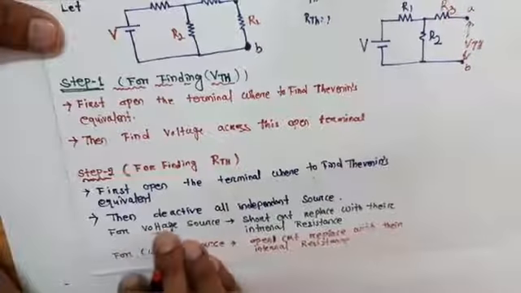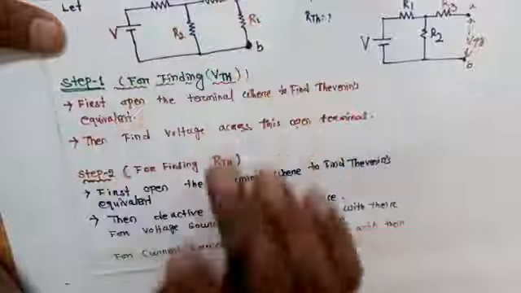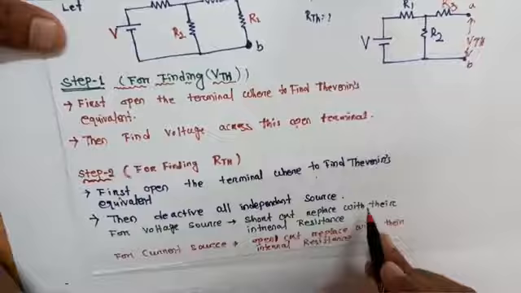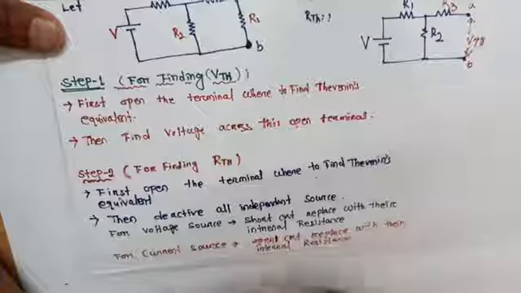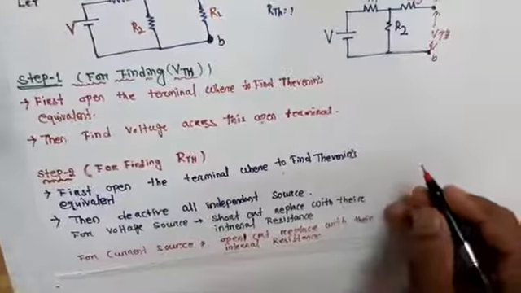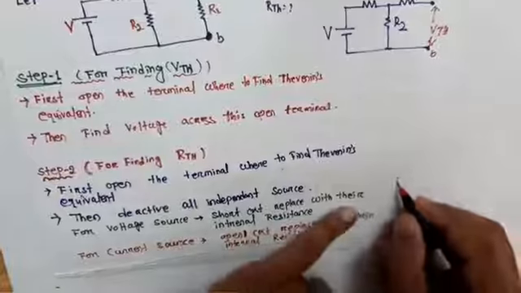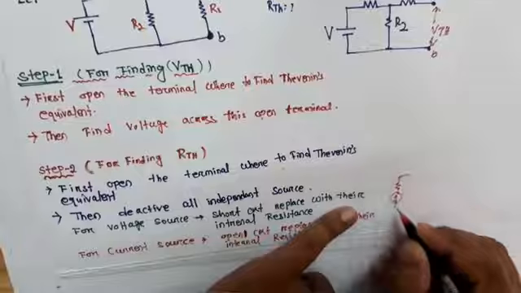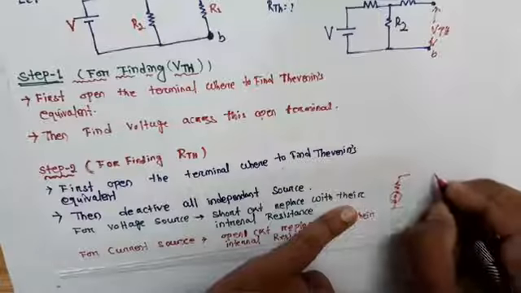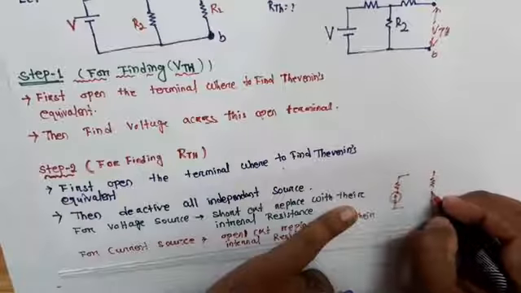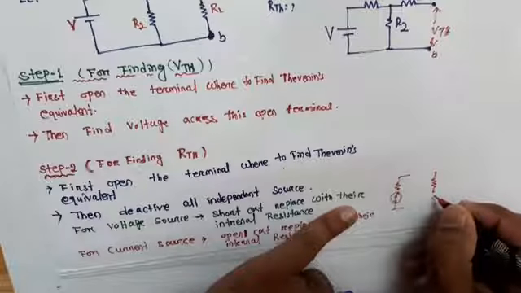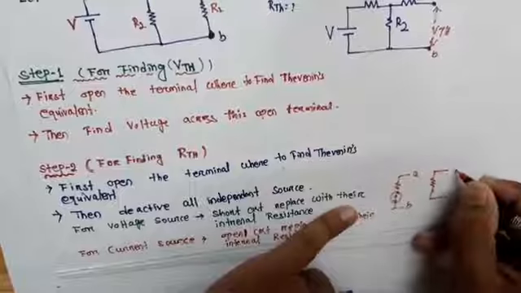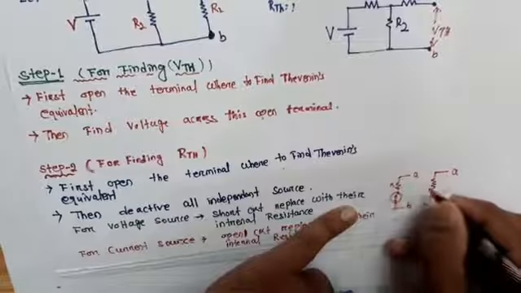If a voltage source is present, we short circuit it and replace it with its internal resistance. That means a voltage source that has an internal resistance in series; when we deactivate it, we just replace it with that resistor.